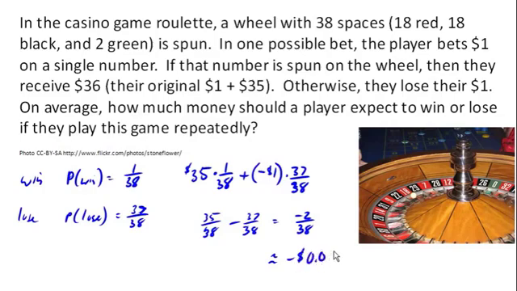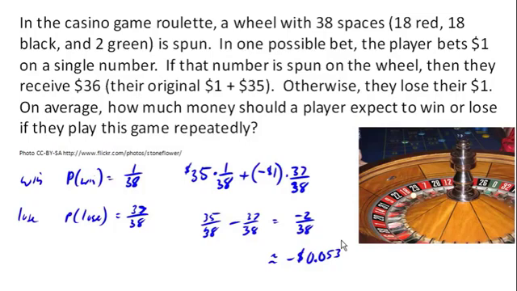So in other words, if you were to play this game, you should expect, on average, to lose about 5 cents per spin. So if you played for hours and played for thousands of spins, on average, you should expect to lose about 5 cents per spin. Sometimes you'll win, sometimes you'll lose, but on average, you'll lose about 5 cents per spin.